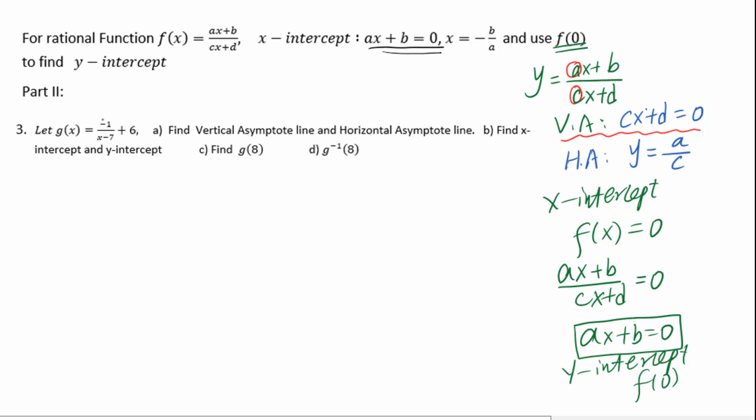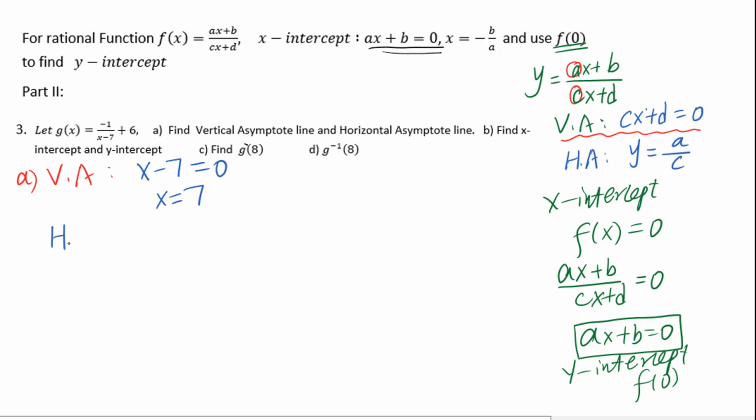Let g of x equals negative 1 over x minus 7 plus 6. Find the vertical asymptote line and the horizontal asymptote line. For the vertical asymptote line, the denominator is x minus 7. So set this equal to 0. X equals 7.